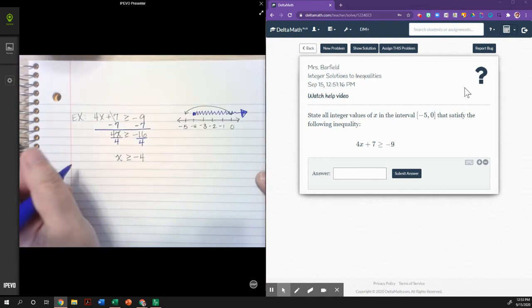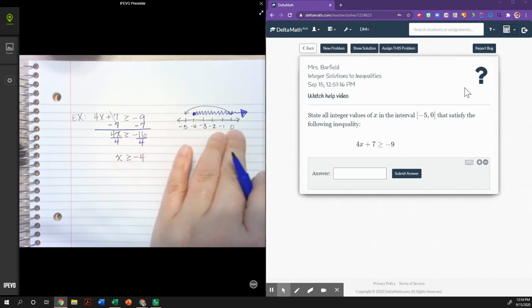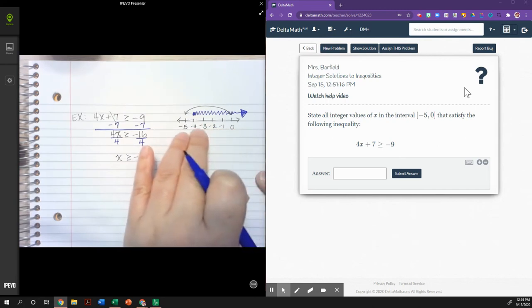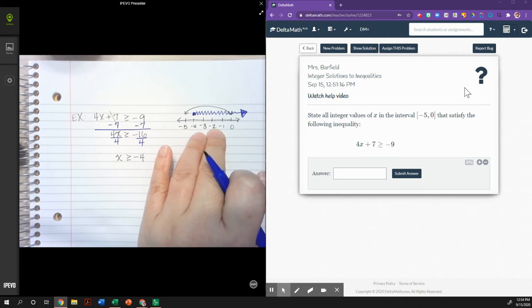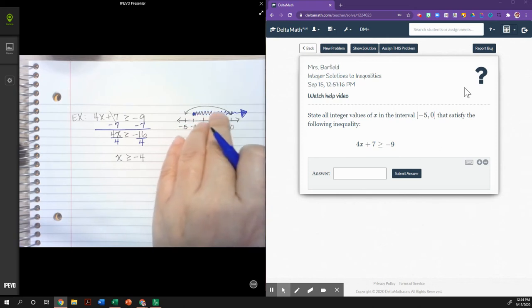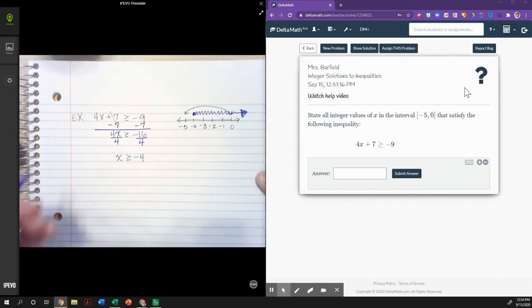If I plug in, I'm going to pick any number. Let's just say I'm going to pick -2, because anything that's in the shaded part works.